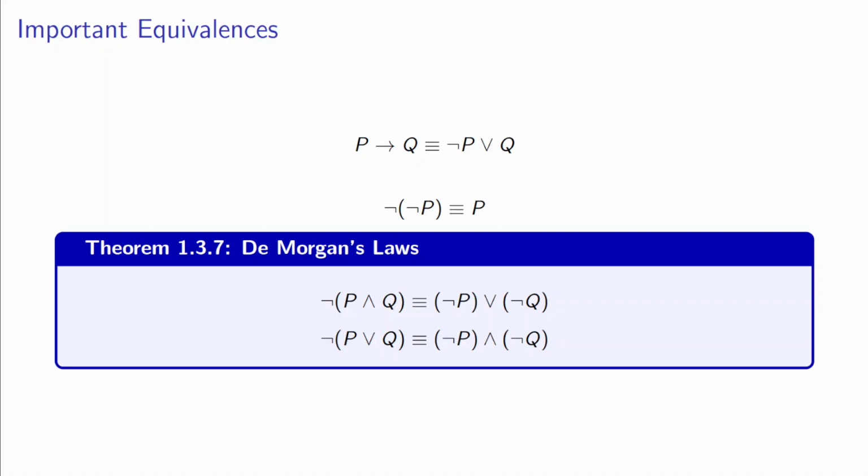So the negation of P and Q is not P or not Q. And the negation of P or Q is not P and not Q. So you distribute, but then the and becomes an or and the or becomes an and. And again, you could go through the truth tables to show these are logically equivalent. I also recommend playing around with some statements to make sense of why this is true.